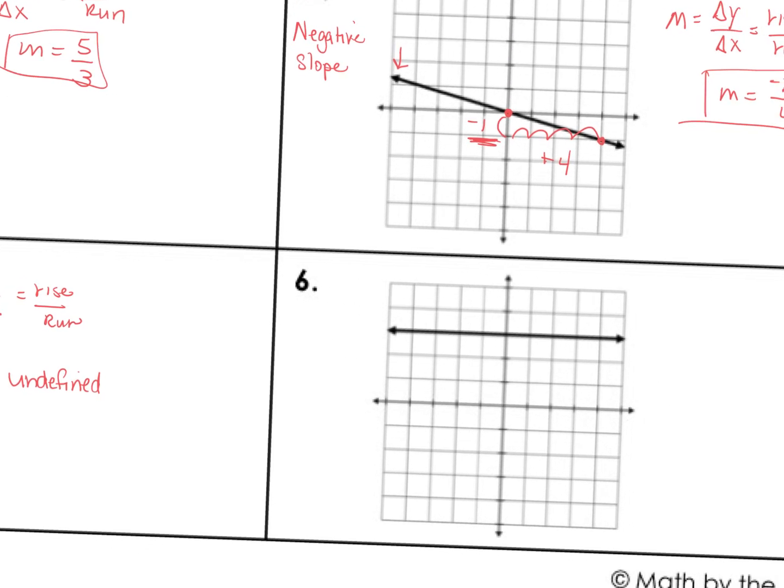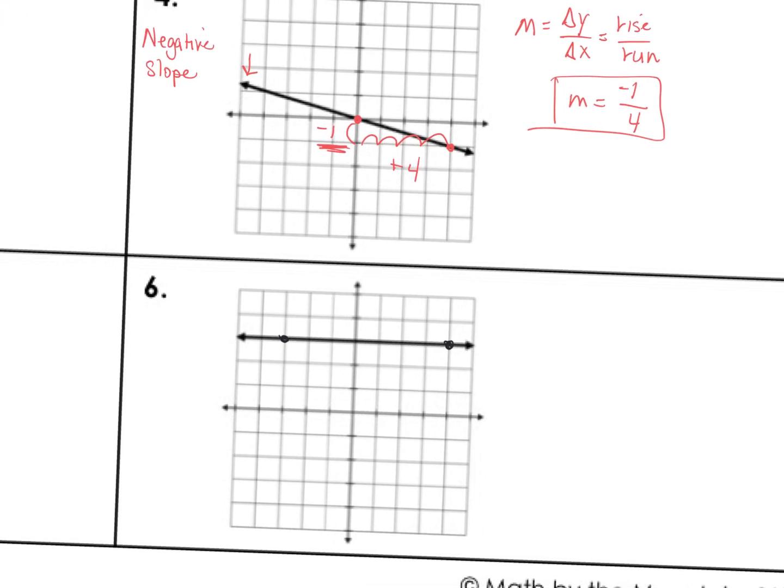Number 6. Again, our points are here and here. And the slope equals the change... let me just erase that.